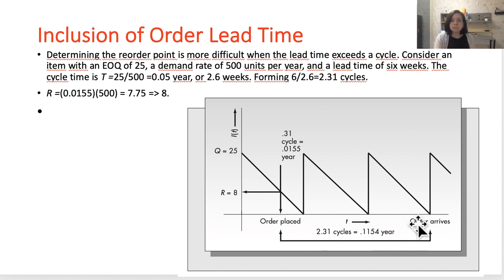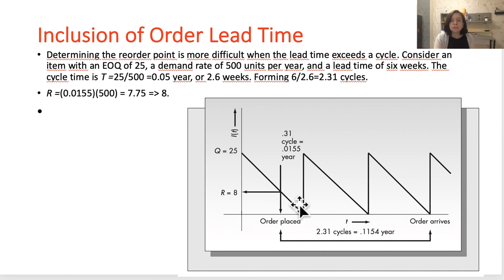Our lead time is longer than our cycle time. Here, as you can see, when we give an order here, our order arrives here. So in fact, we have to find the reorder point here. So we should find the length of this period.